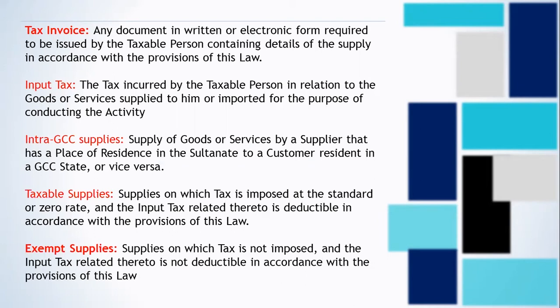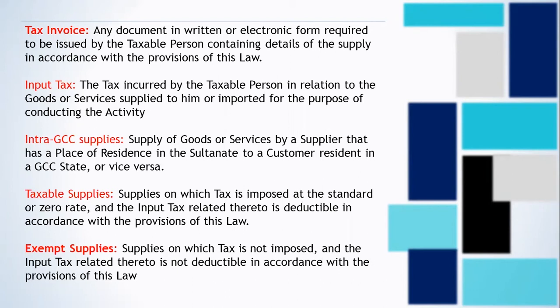Now tax invoice. As we know, the VAT is going to be implemented with effect from April 21. For tax invoice also we will be coming up with a separate video. The tax invoice definition is any document, in written or electronic form, required to be issued by the taxable person containing details of the supplies in accordance with the provisions of this law.